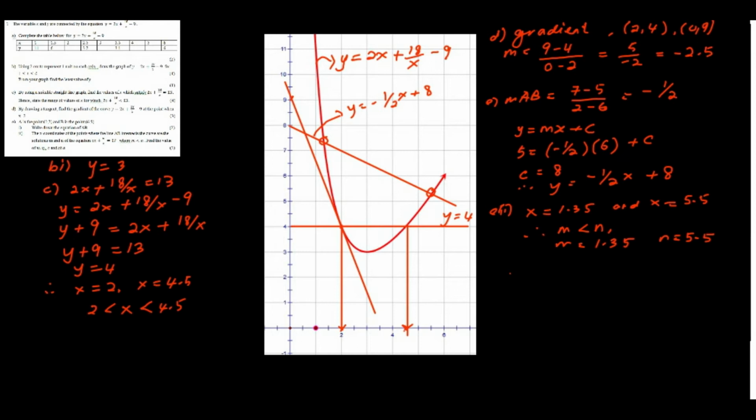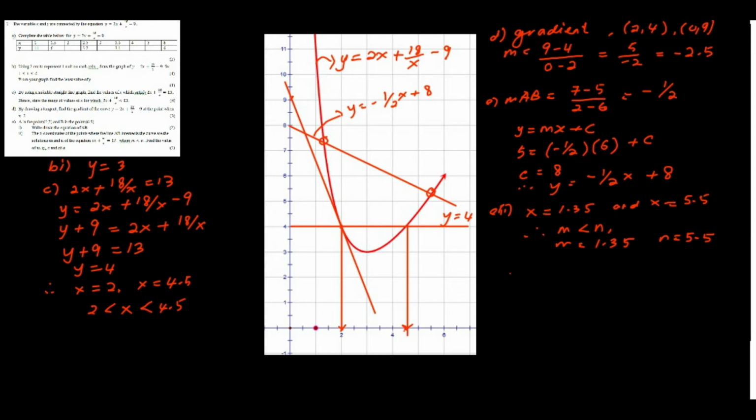Then after that you need to find: m and n are the solutions for cx plus d over x equals 17. Now we need to find the values of c and d.